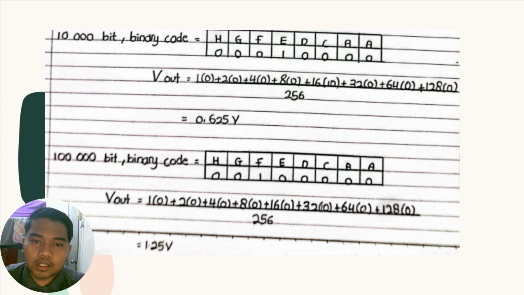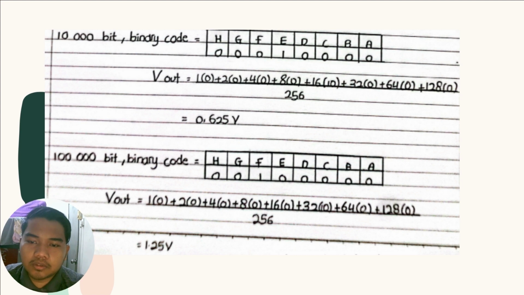If we do the calculation, we need 16 times 10 over 256, and we get 0.625 volt. 0.625 volt is the Vout for the 10,000 binary.